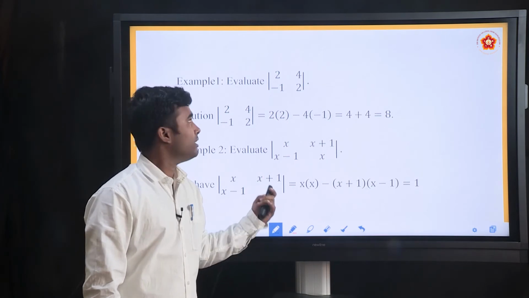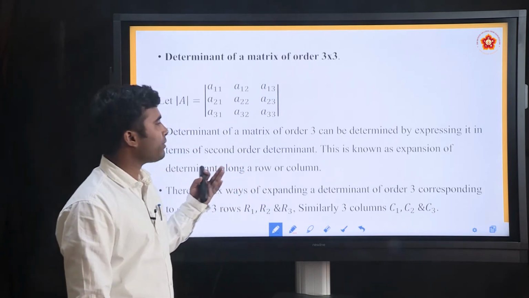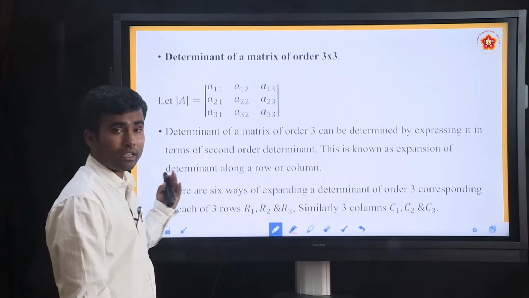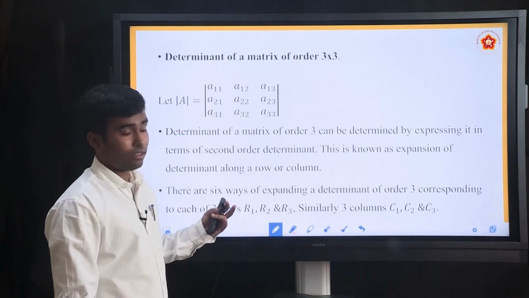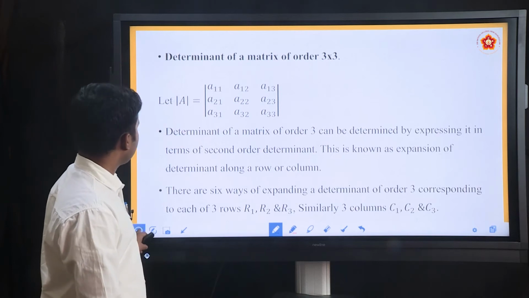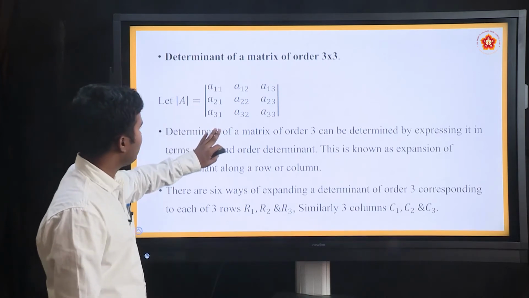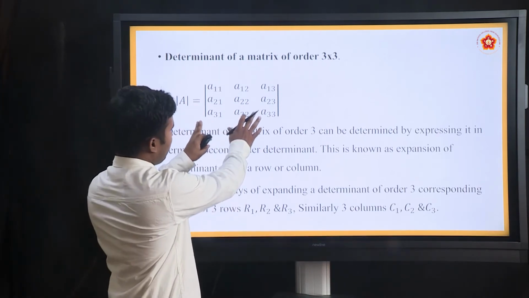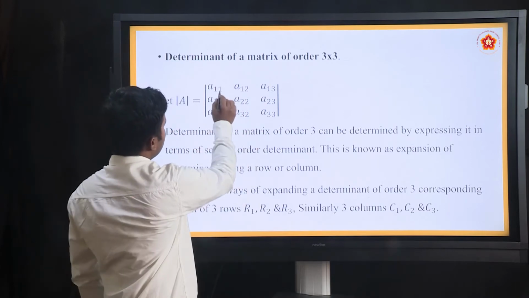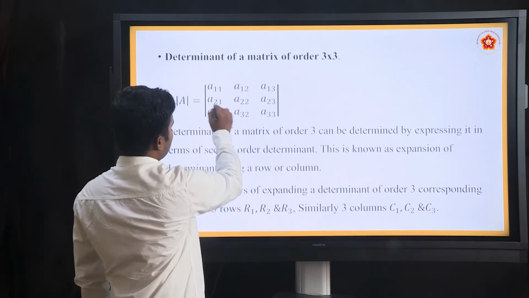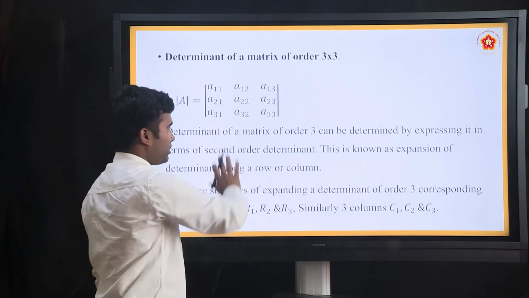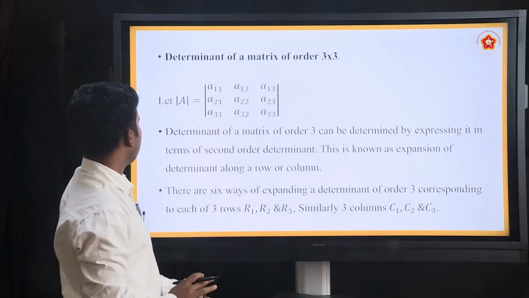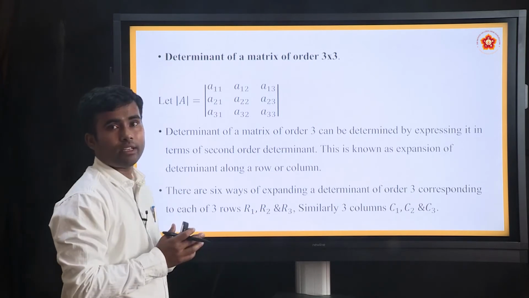Next we have the expansion of a determinant of order 3. This is very important since we use it very often in problems, so you should learn this. As you know, this is a determinant of order 3. This is the first row, the second row and the third row, and the first column, second column and third column. Next we will expand this in 6 ways.